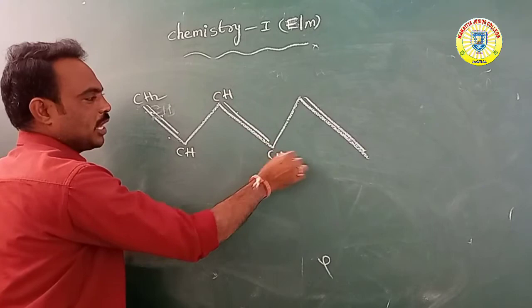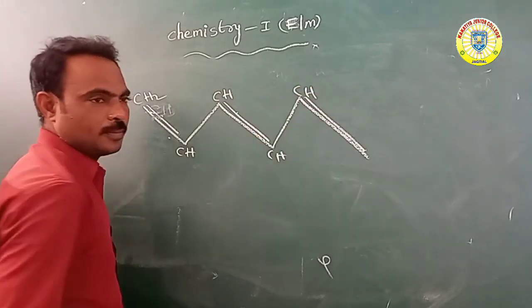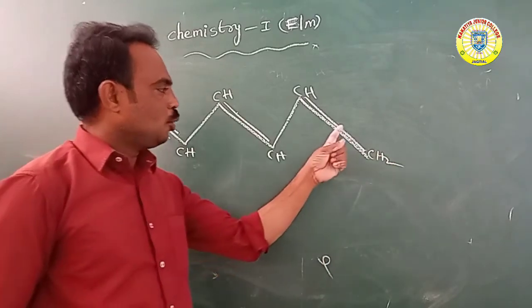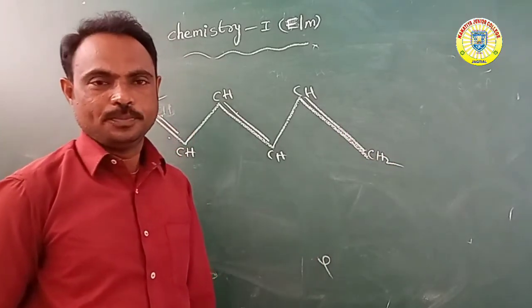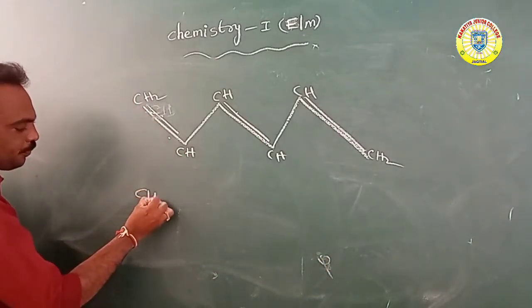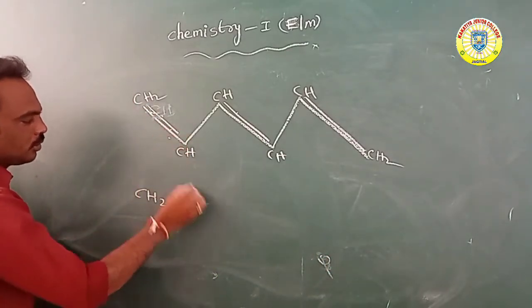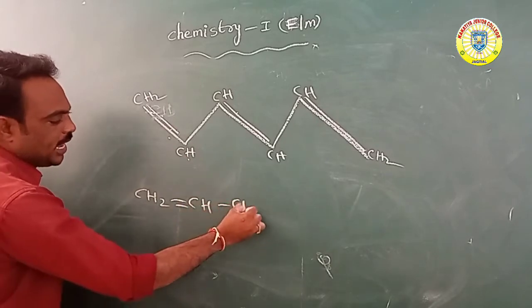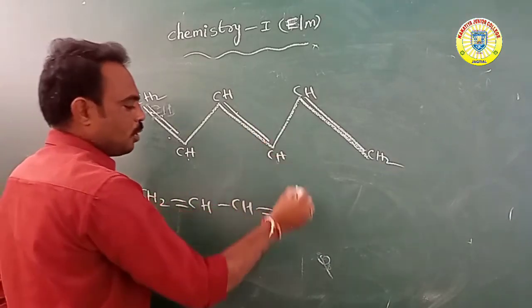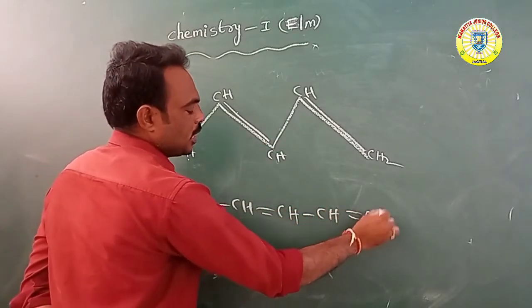This carbon also CH, this carbon also CH. The last carbon is CH2, so it contains two bonds remaining, CH2. Suppose we write CH2 double bond CH bond CH double bond CH bond CH double bond CH2.